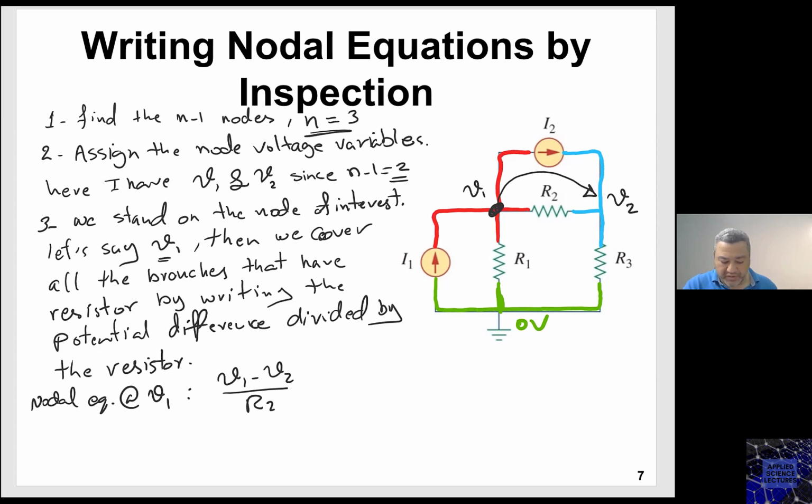So we finish the first resistor. Then we go V1 minus 0 over R1, of course. Then we look at the current from the sources. The ones that are leaving, we write them as positive. The ones that are entering, we write them as negative. So here, minus I1 plus I2 equals 0.